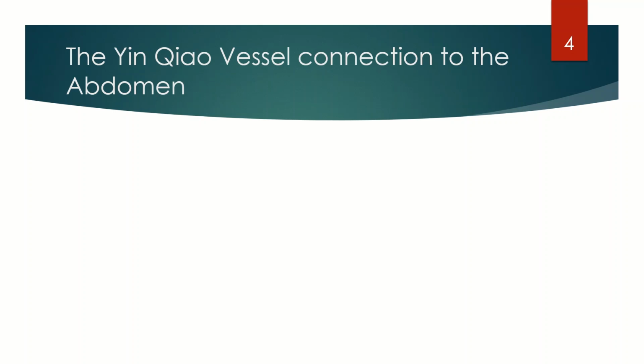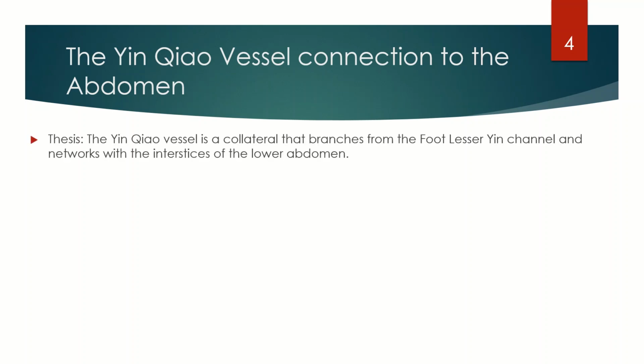But what I'd like to argue is that you can more or less ignore this pathway that exists in the Spiritual Pivot of the Yin Qiao going up to the eye, that really it should just be going into the abdomen, and that it's a collateral of the foot lesser yin channel that networks with the interstices of the lower abdomen. All right, so that's a fairly controversial claim.